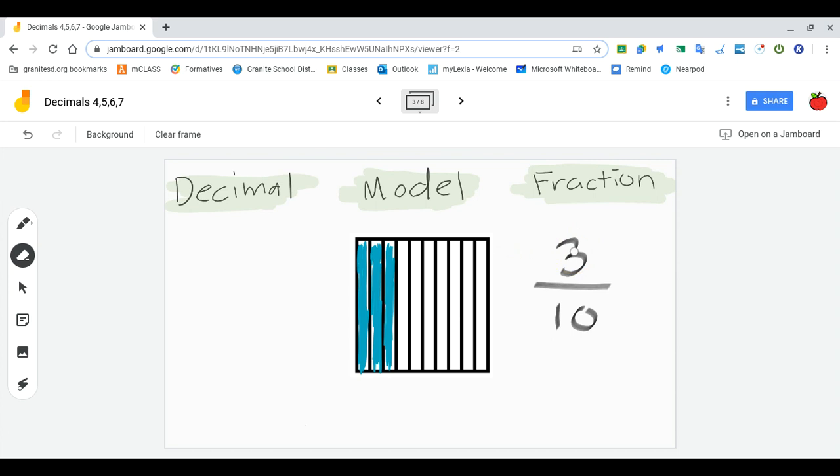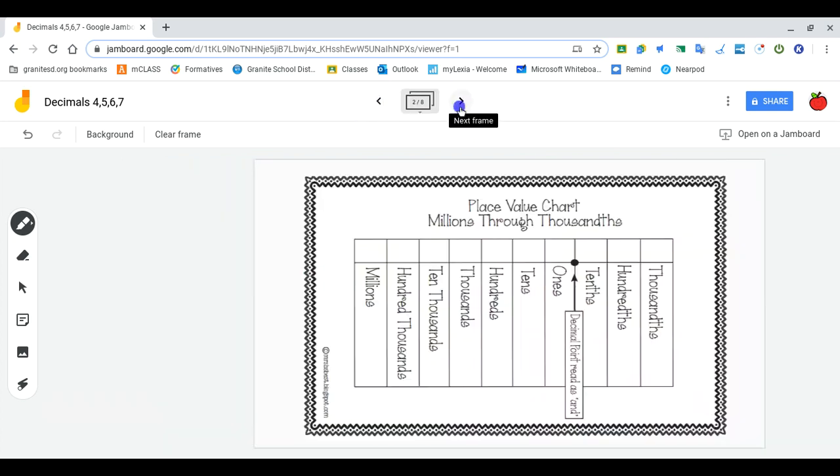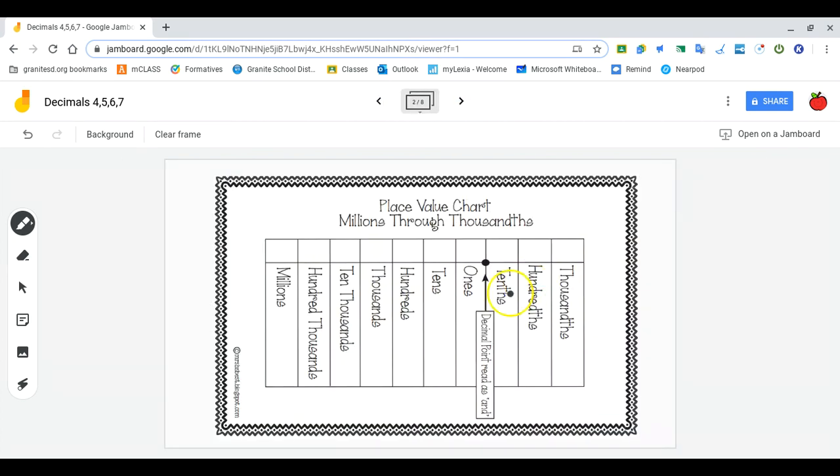To make the decimal, I'm going to start by making the decimal point, which is the same thing if you're typing it as a period. The 3 belongs in the tenths place, which if you remember from the slide here, is the first place value slot after the decimal point.